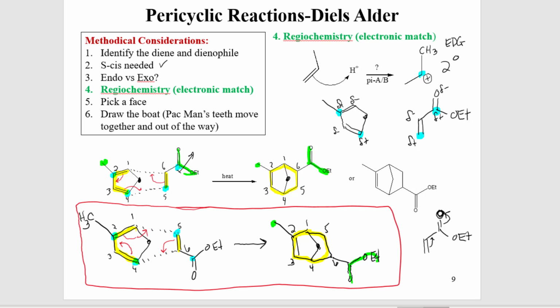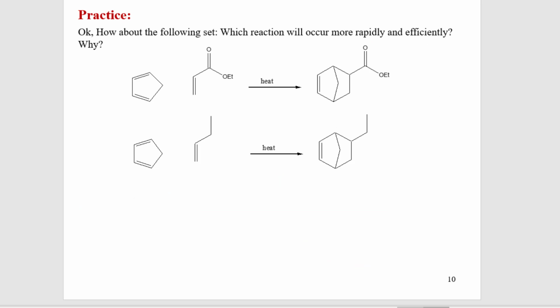Oh my goodness, there is a lot to figure out in here. All right. So here's a little practice for you guys. Here are two examples, and you guys can predict the products for them. I'm going to give you one more.